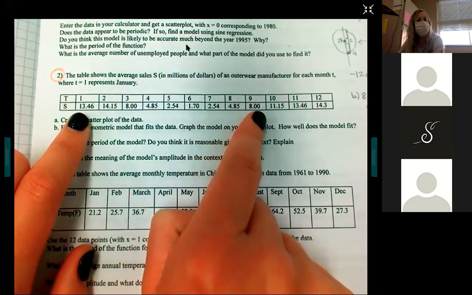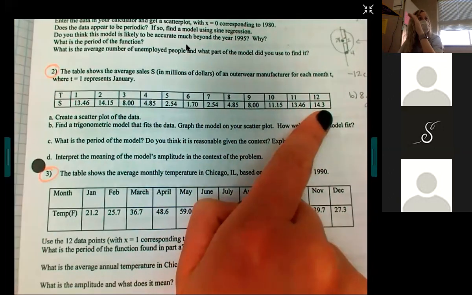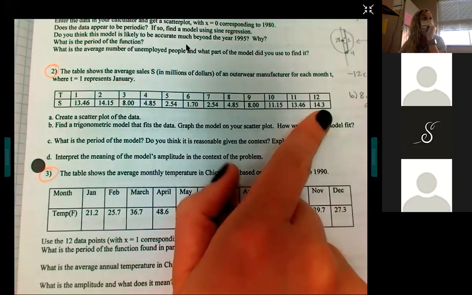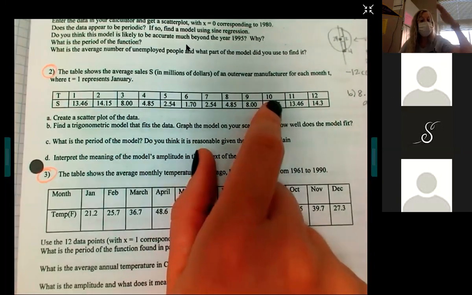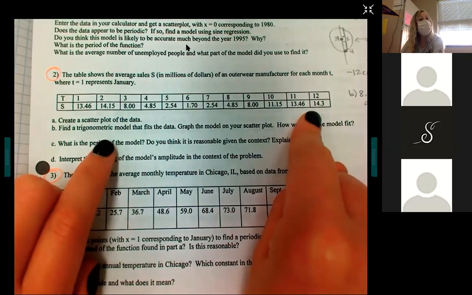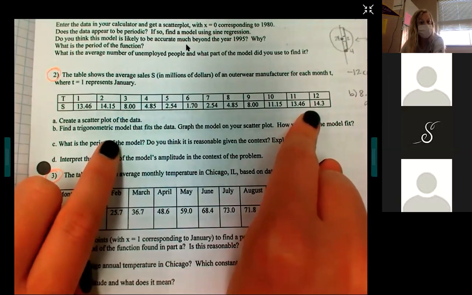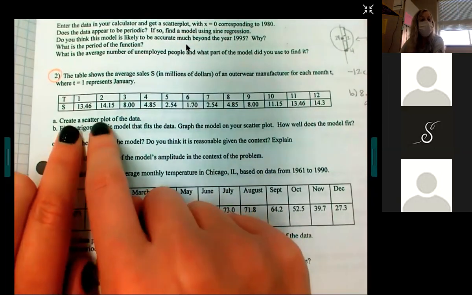Then we start hitting October, November, December, and it starts going up again because it starts to get cold, right? So every year, does everybody agree this data is going to cycle back through? It's going to go up and down, up and down, up and down. It looks periodic, which means we should be able to write a what equation? Sine.